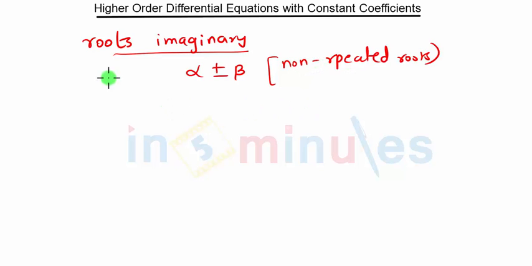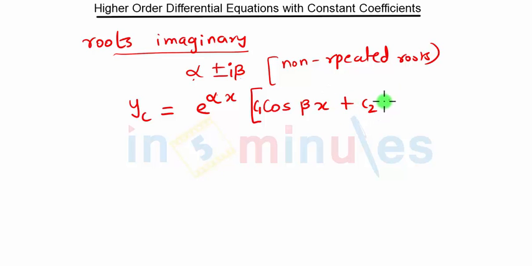Then our complementary solution becomes yc equals e raised to alpha x, where alpha is the real part and beta is the imaginary part, into (c1 cos beta x plus c2 sin beta x). So this will be the solution for imaginary non-repeated roots.